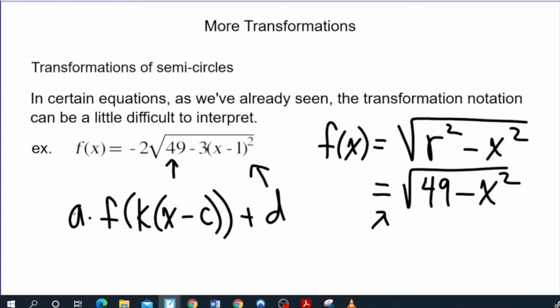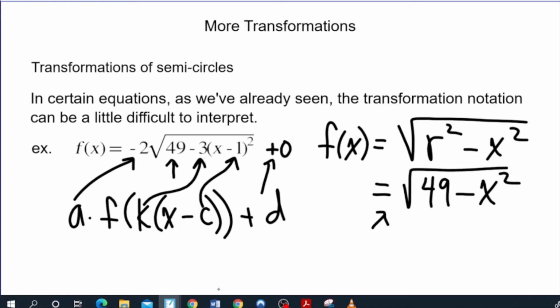And hopefully you can now see that the A is the -2. The K value is actually the 3 here. The C is the -1, and there is no plus D in this case. The plus D would be 0.